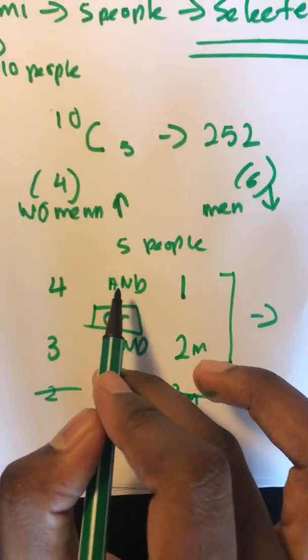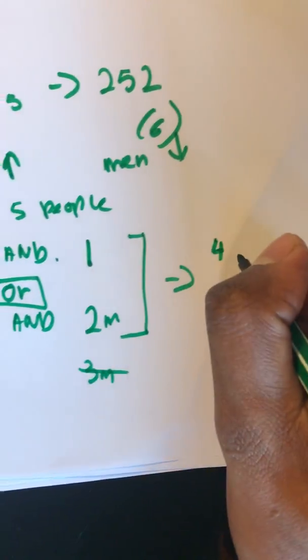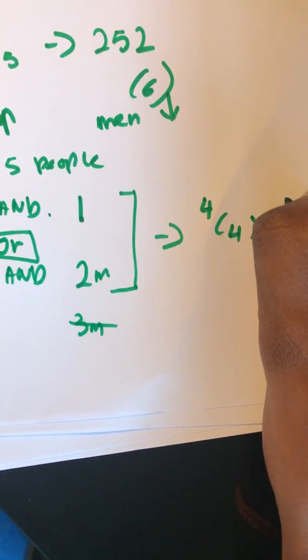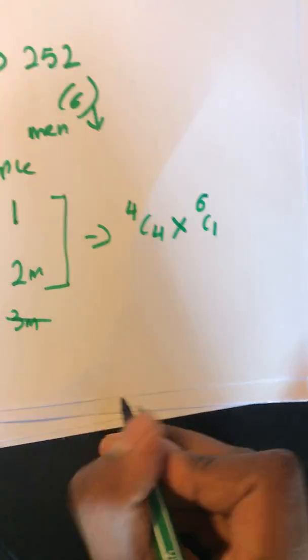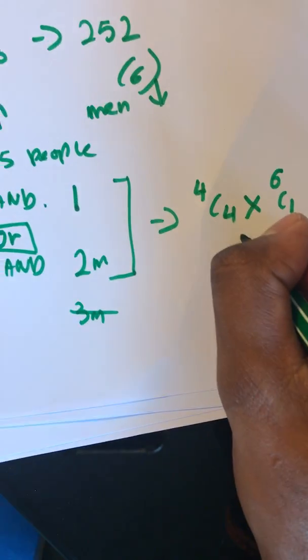As I mentioned just now, AND means you multiply. So out of 4 women, I choose 4, and out of 6 men, I choose 1. OR means I add.